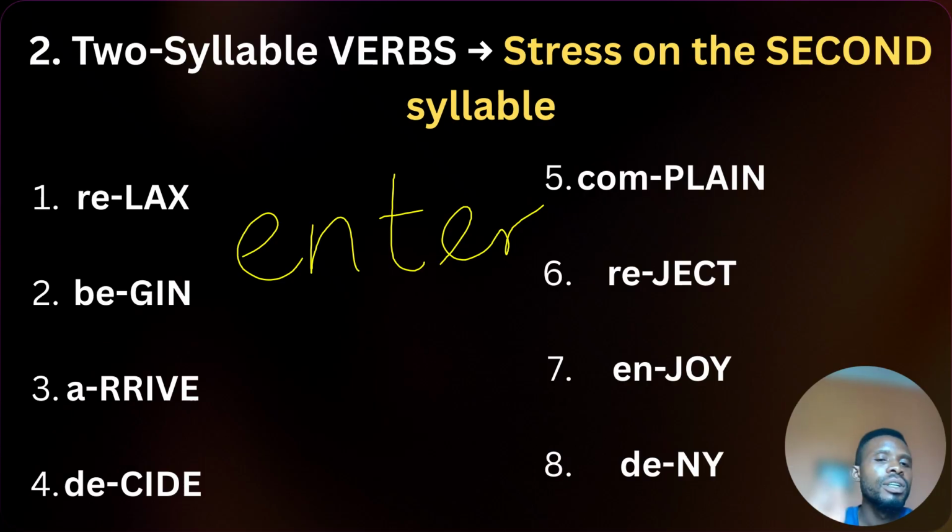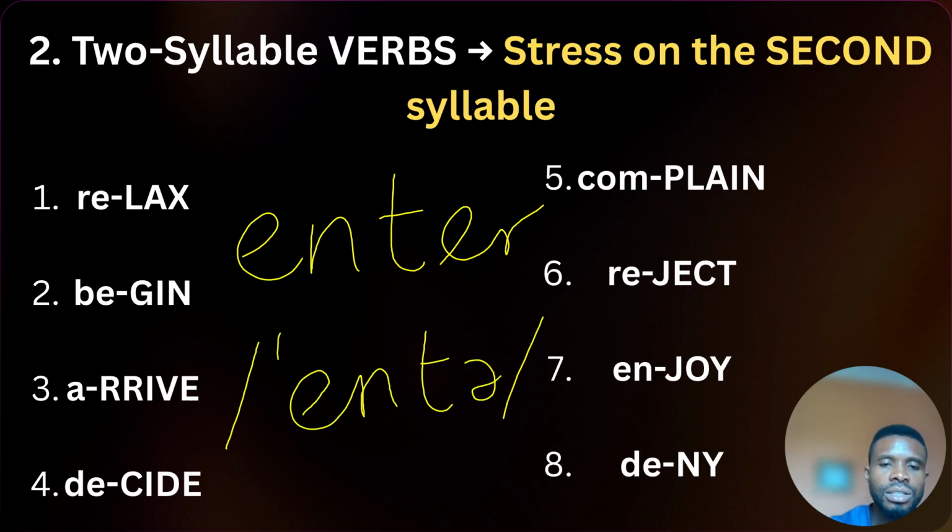For enter, the stressed syllable is not ter, it's actually en, so it's enter, not enter. Stress at the first syllable. This is an exception, okay? But please note, in most cases, for two-syllable verbs, place the stress on the second syllable.